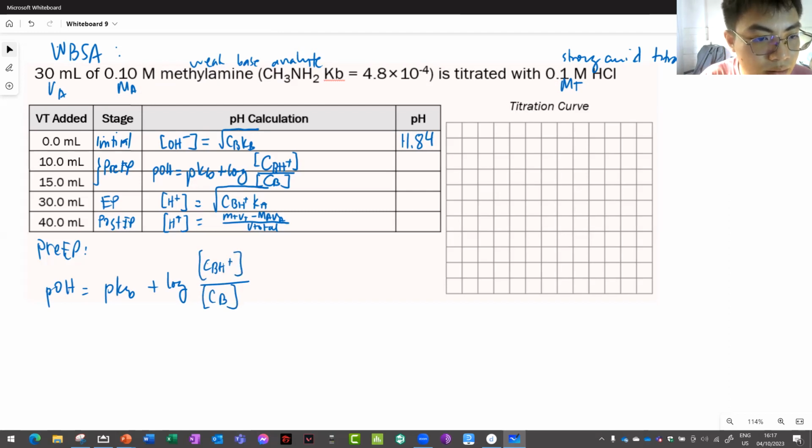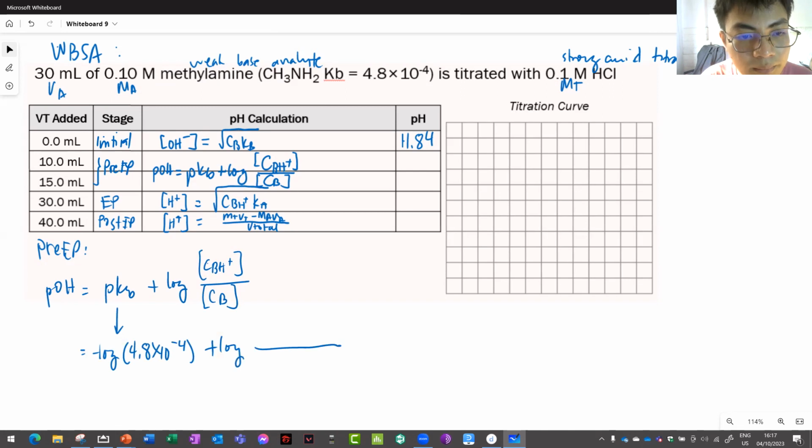What is our pKb here? It's the negative log of 4.8 times 10 to the negative 4, plus the logarithm of this thing. Where does the conjugate acid come from? It comes from the titrant that you added. So it's MTVT.